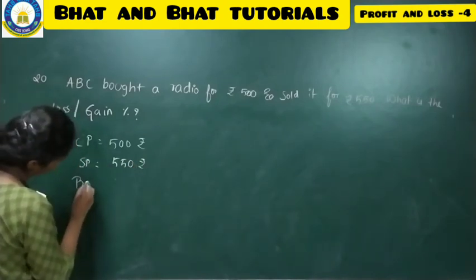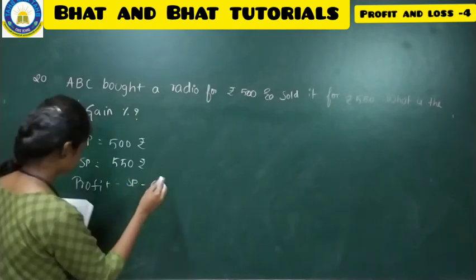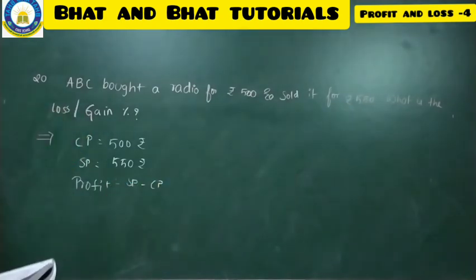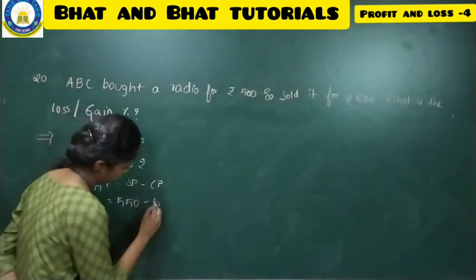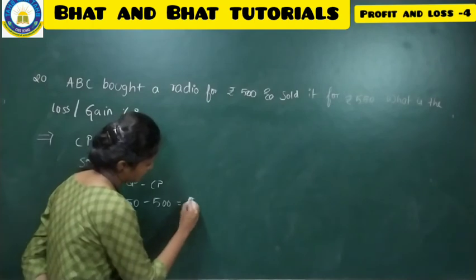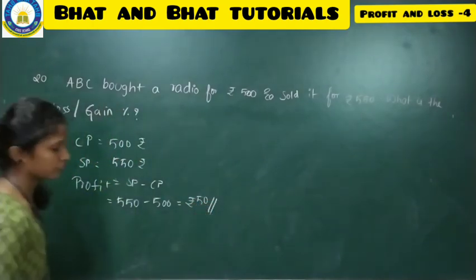To find the profit, the formula is SP minus CP, so 550 minus 500. So it is rupees 50.